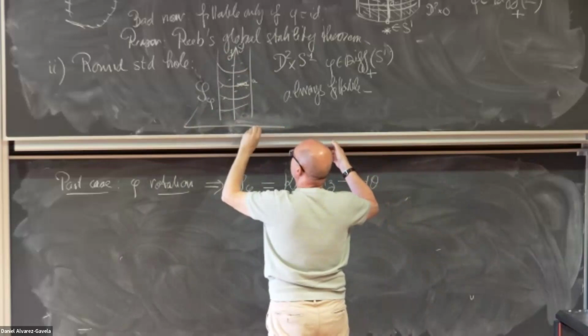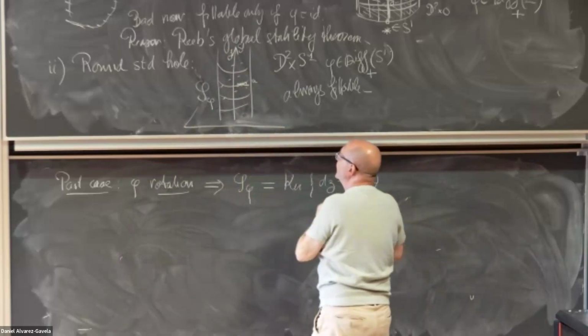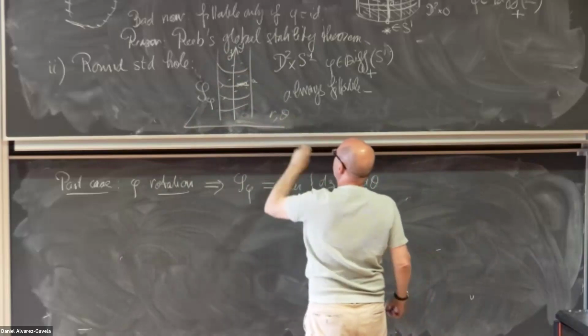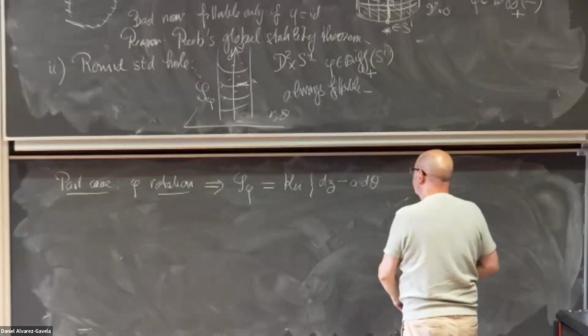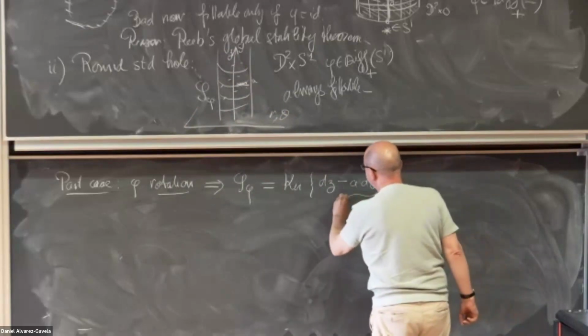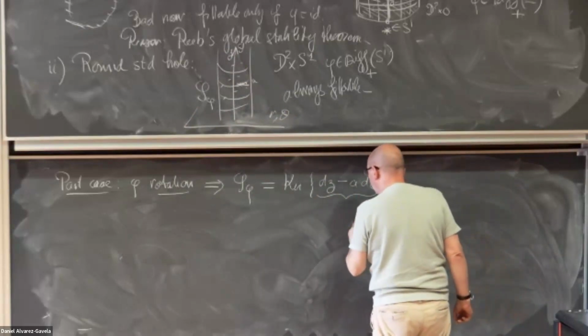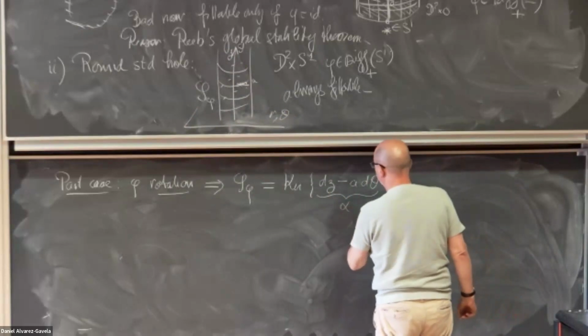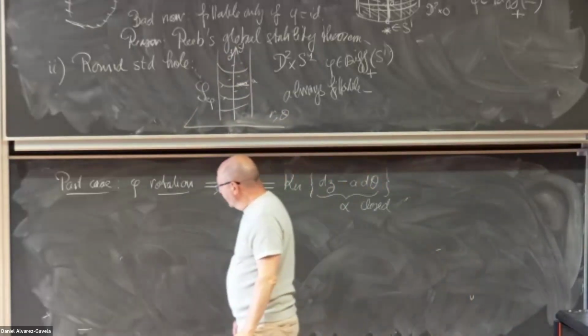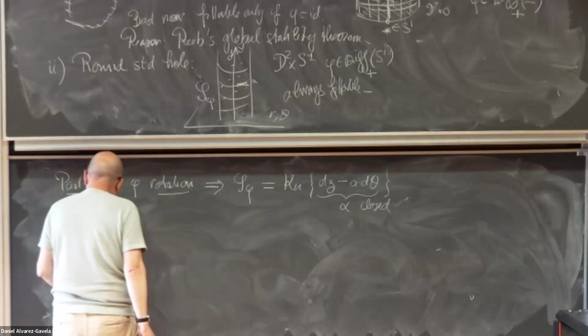I put polar coordinates r, theta in the horizontal plane. And the miracle is that this little one-form is closed. And so there is a very easy formula.